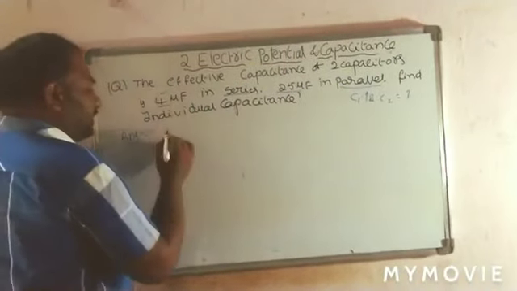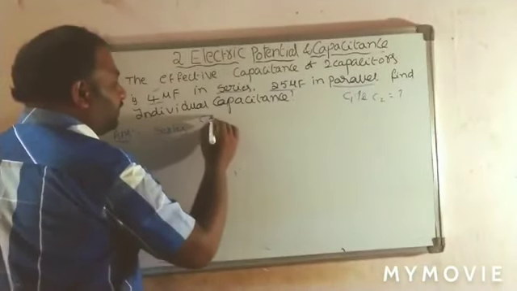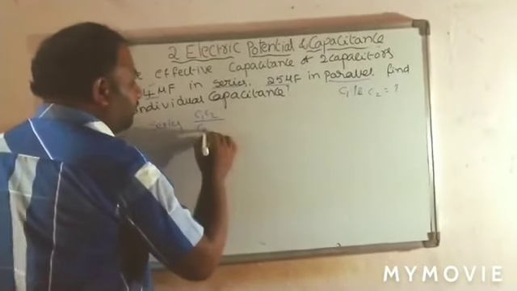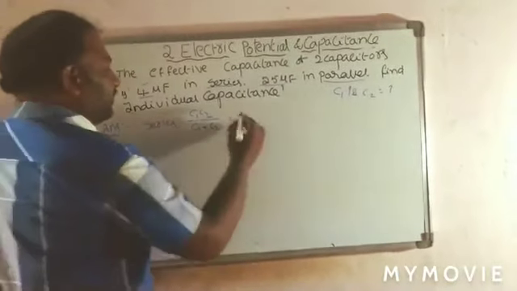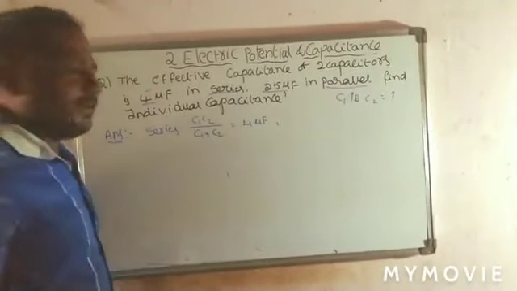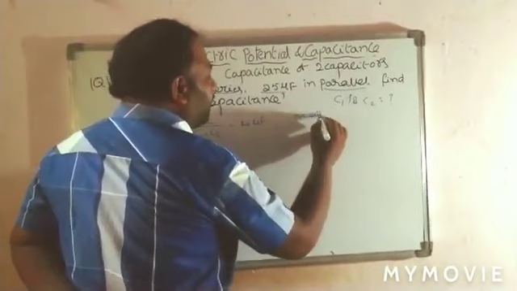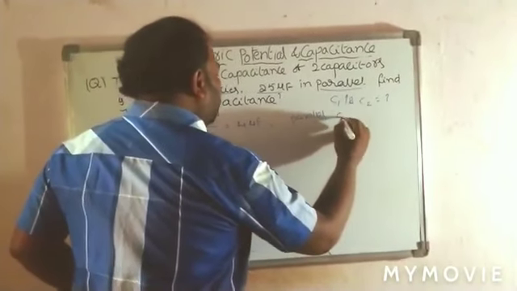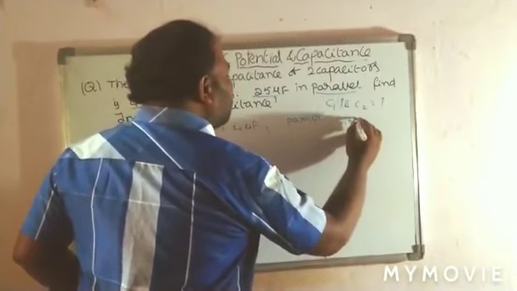In the series connection, what is the formula I told you? When two capacitors are given, you directly write C1 C2 by C1 plus C2 is equal to 4 microfarad. This is the point they have given. Next, in parallel, what is the formula for equivalent capacitance? In parallel, the formula is C1 plus C2.